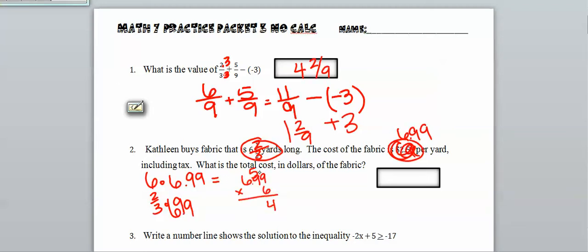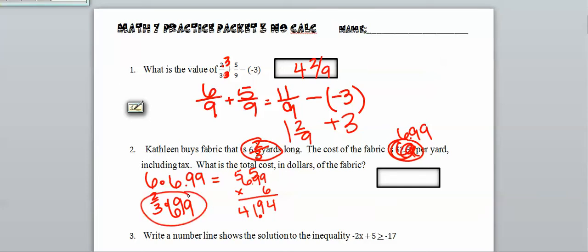So 6 times 9 is 54, add the 5 is 59. 6 times 6 is 36, and then I'm going to add the 5, and I get 41. So 41.94 for 6 times $6.99.